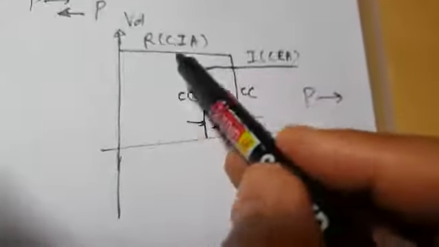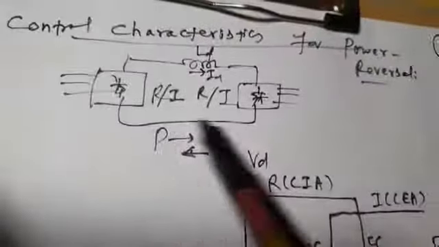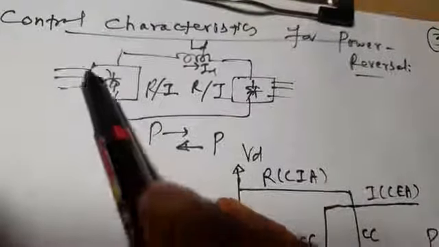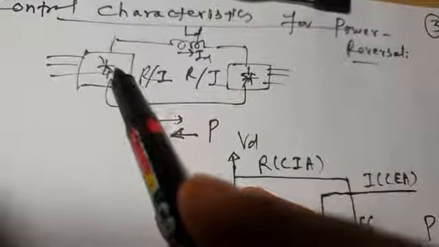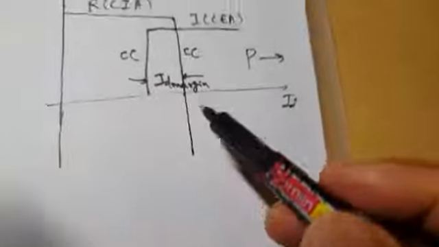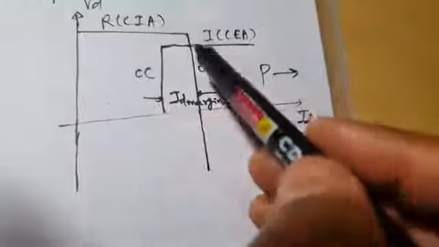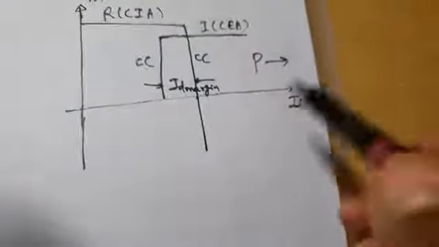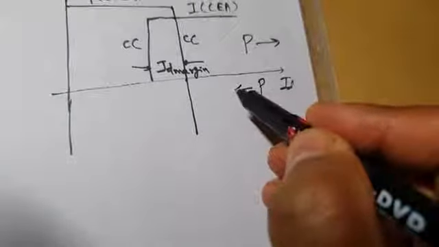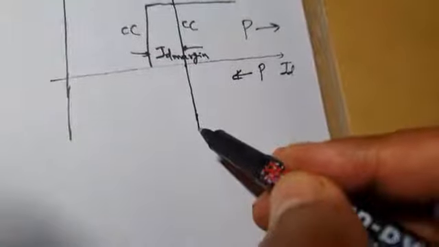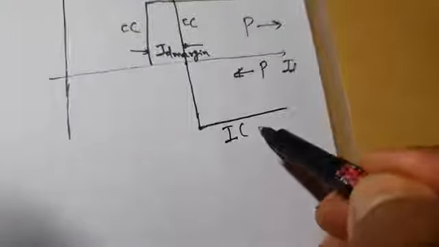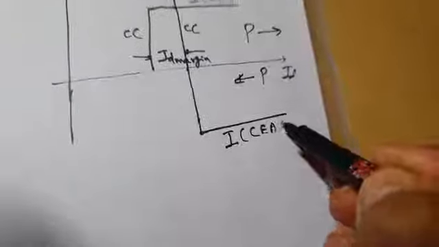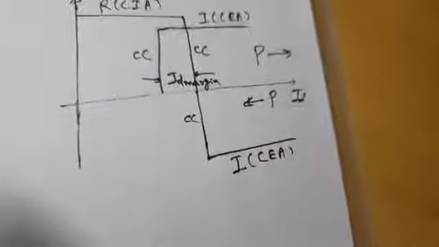This was a rectifier characteristic because for this direction of power flow, this converter was acting as a rectifier. For this direction of power flow, this converter has to act as an inverter. So for negative flow of power, this rectifier characteristic will become an inverter characteristic, with constant extinction angle control and constant current control.